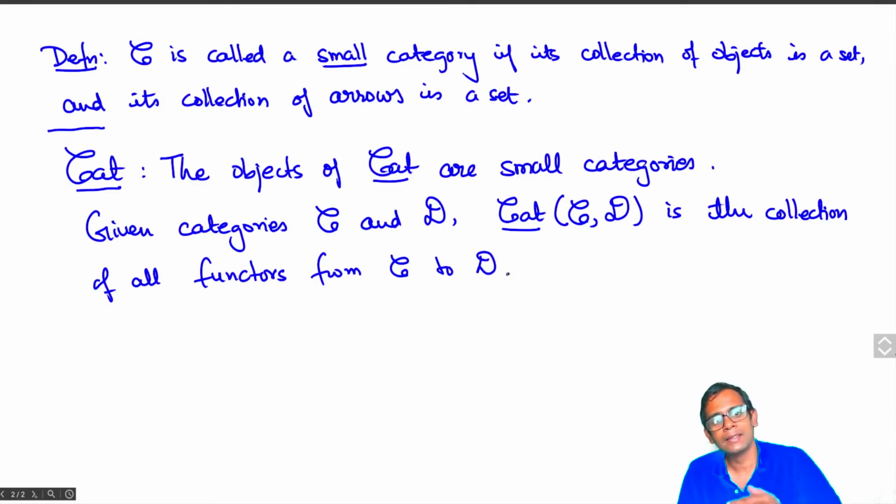So you can check that this Cat satisfies the axioms for being a category.